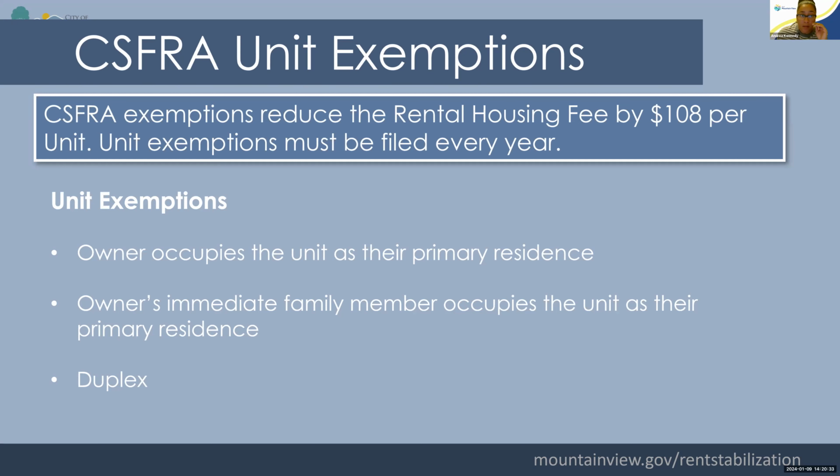So you can file an exemption there. Or if you have a duplex on your property. Some properties have some single family and some duplexes mixed in. The duplexes will be exempt, so you can file those exemptions as well.